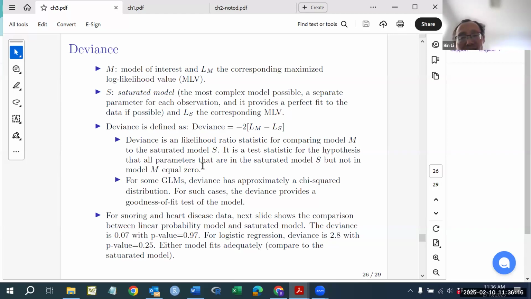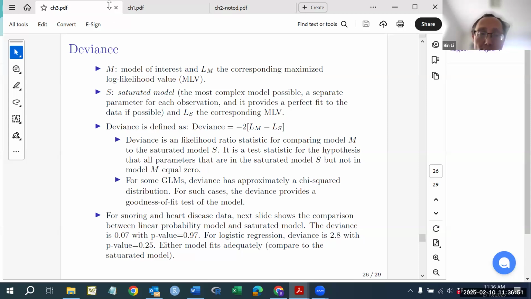Deviance is a very important concept in generalized linear models. So what is a deviance? Deviance is the -2 log likelihood comparison between the model of interest and the most complicated model we can have, which we call a saturated model.